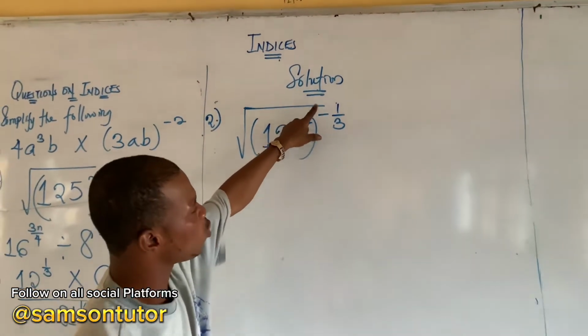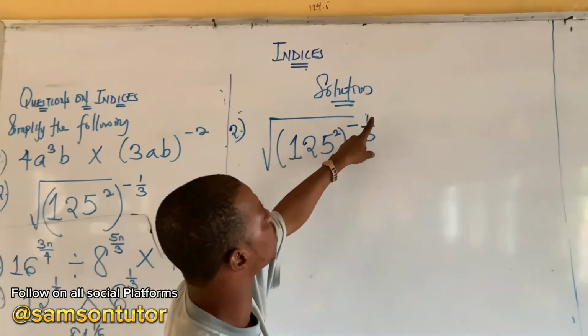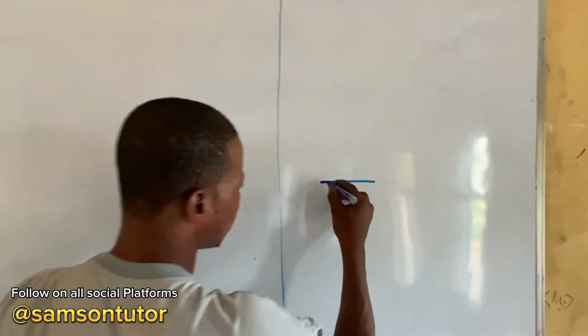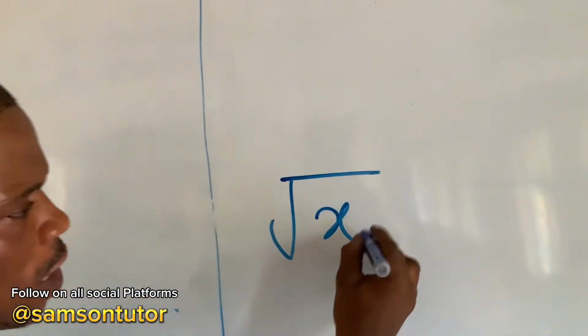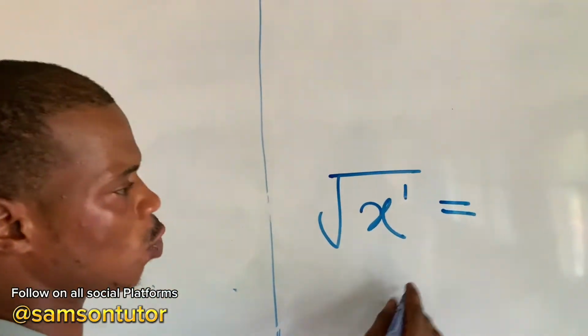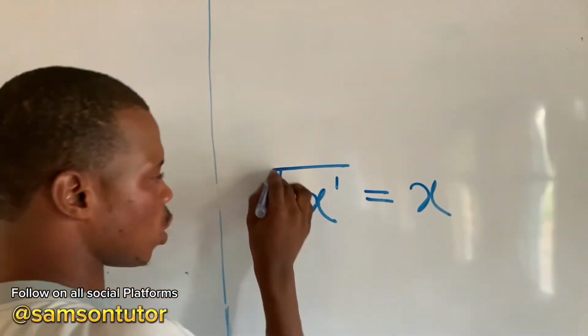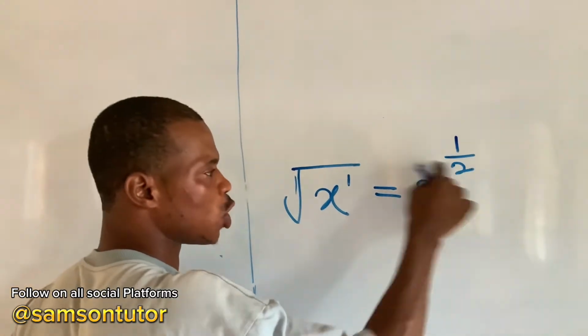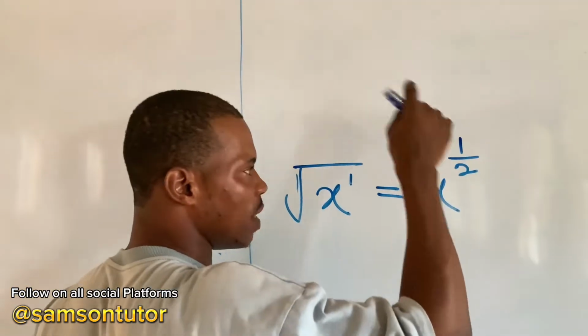It still implies, if you want to put it in power, 1 over 2. From the hint which I gave, whenever you have the square root of x, there's an invisible one, and you can tell them that it is x raised to power what? Because it's a square root, x raised to power 1 all over 2.